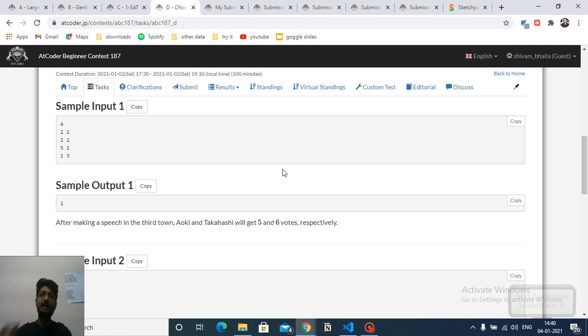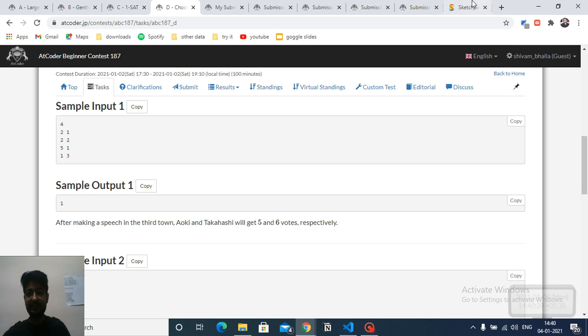If Takahashi does not give a speech in that city, Aoki will get 50 votes, which is fine. But if Takahashi gives a speech in that city, Takahashi's votes increase by 50, and Aoki's votes also decrease by 50, because those original votes are no longer in his hand, and thus there is a 2-time decrement.